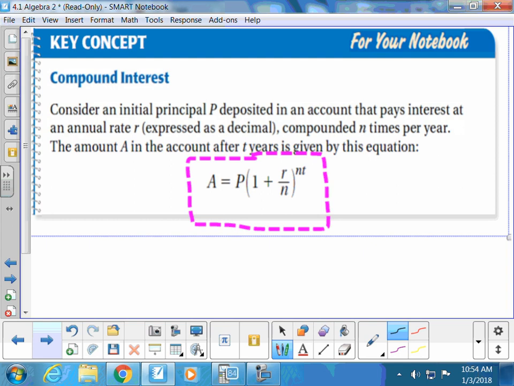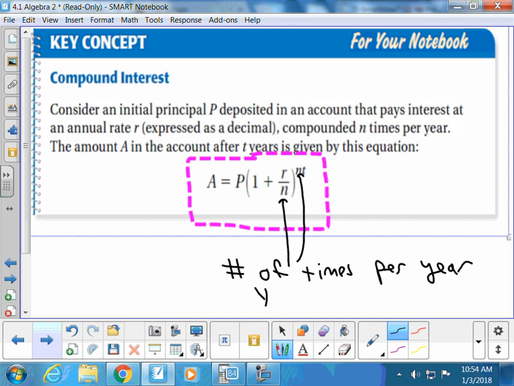But now we have this new guy, N. N is the number of times per year you get interest. I'm going to give you some examples of N values in a second when you're ready.